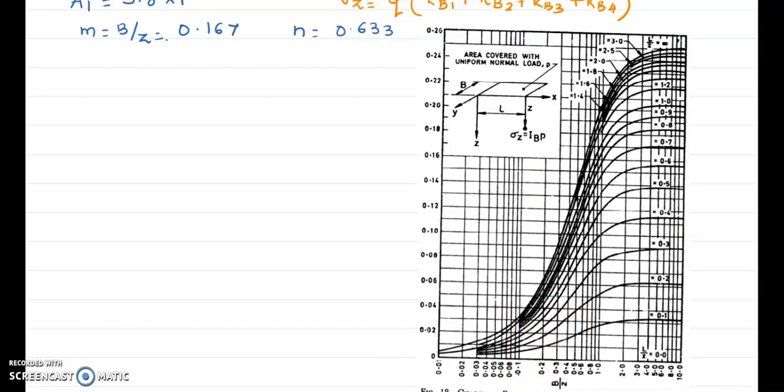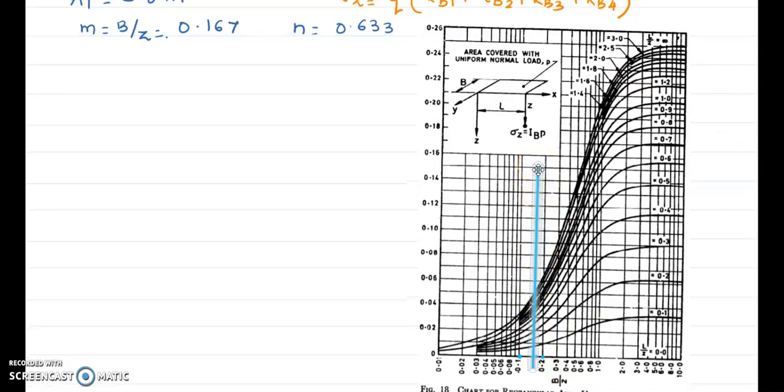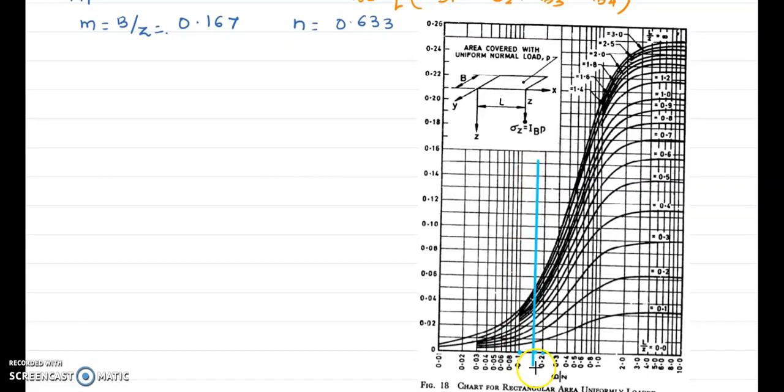Can you see where is 0.1? 0.1 is here, and 0.2 is here. 0.15 will not be in the middle, it will be a little bit closer to 0.2. And 0.17 will be somewhere like this. So I will draw a line just so that you all know where the approximate 0.17 is. So this will be my 0.17 line.